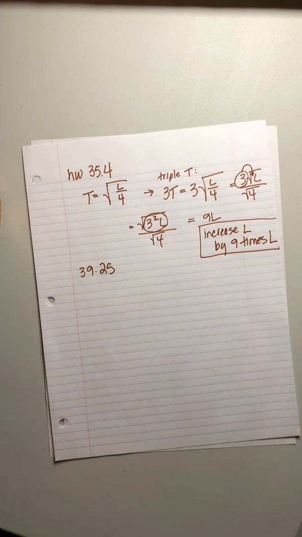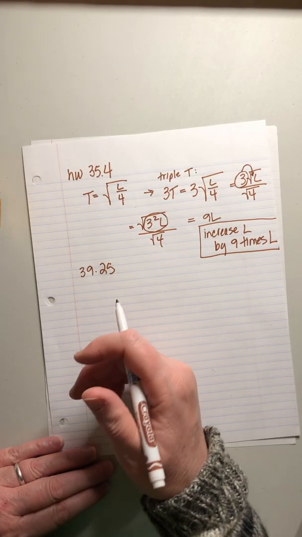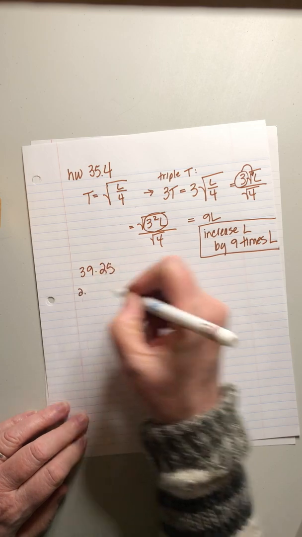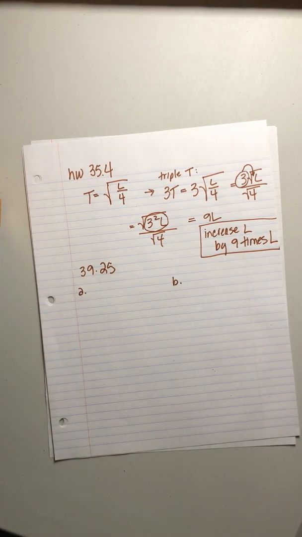Oh, these are fun. They're so much easier than you think. All right, I'm not even going to write it on my paper. There's an A and a B. Okay, these are so much easier than you think. Let me explain how they work.